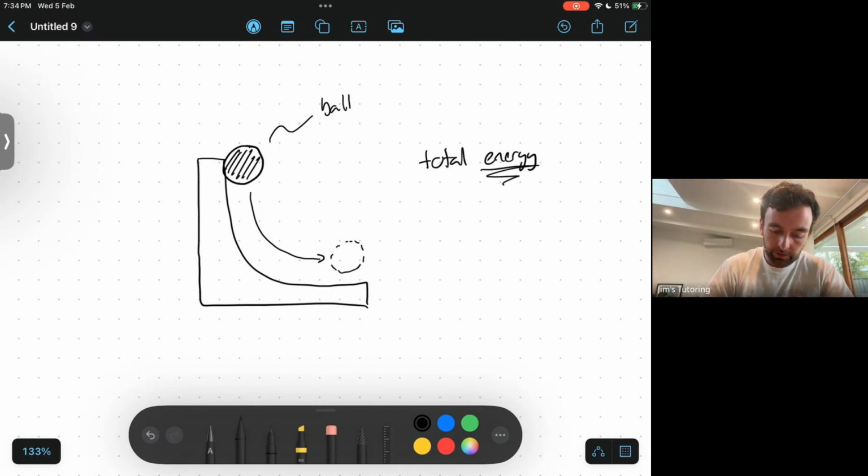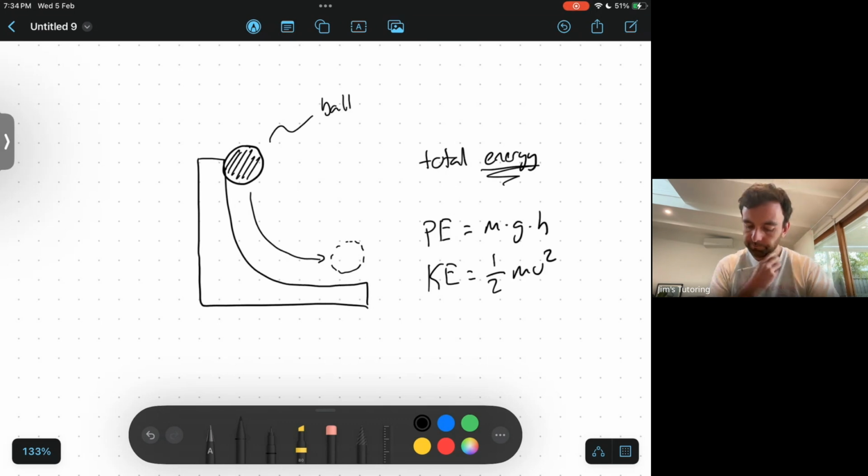And what actually happens is that you have these two equations: potential energy equals mass times gravity times height, and kinetic energy equals half mv squared, mass times velocity squared. And really these two things are just in balance.